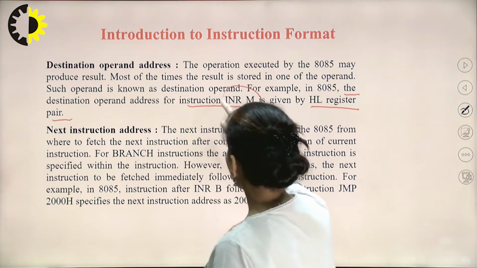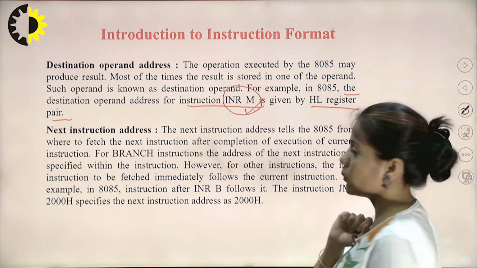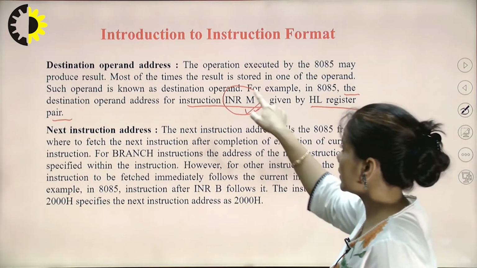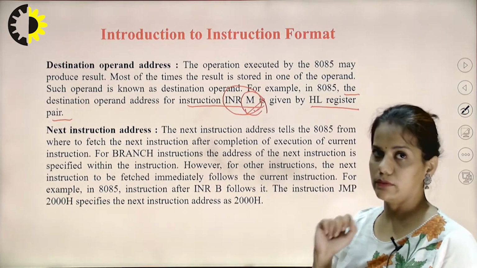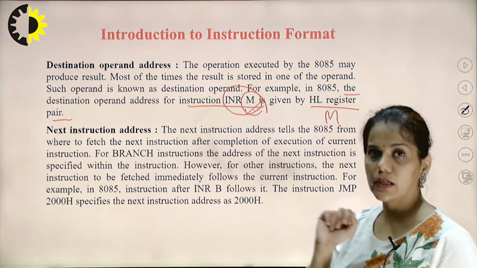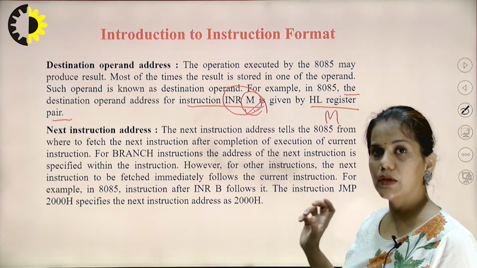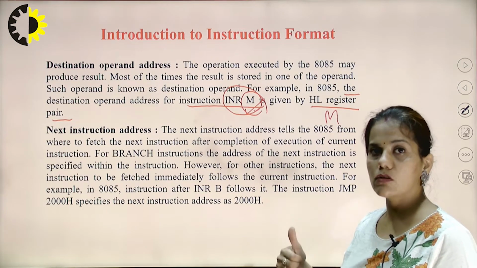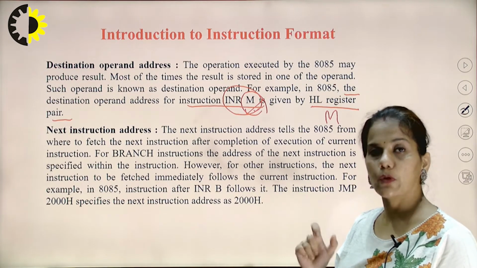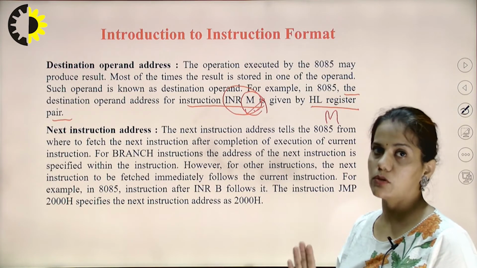Because the meaning of this instruction is to increase the value of the contents specified by this pointer by 1. Wherever we come across the term M in 8085, it means the contents are being pointed to by the HL register pair. So the memory location pointed to by the HL register pair is what this instruction is talking about.